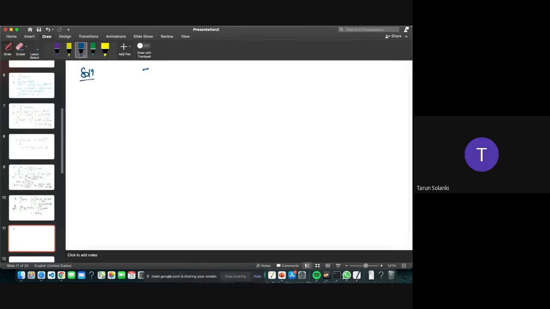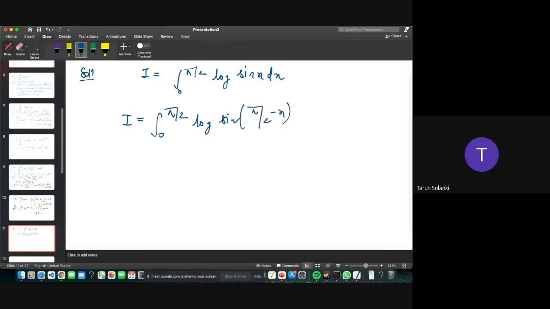Okay, so I is equal to the integral from 0 to pi by 2 of log of sin x dx. Then I is equal to the integral from 0 to pi by 2 of log of sin of (pi by 2 minus x) dx. Again, I is equal to the integral from 0 to pi by 2 of log cos x dx we can write.